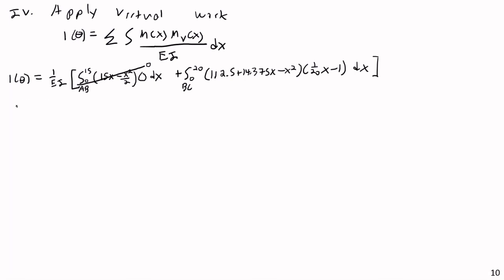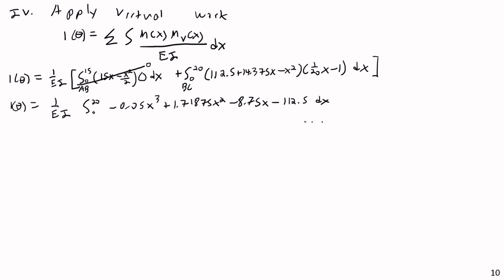And if you expand that out, 1 times theta here, this will still be 1 over EI, and the full expression in there will become the integral from 0 to 20. If we expand that polynomial out, we'll have negative 0.05 x to the third plus 1.71875 x squared minus 8.75x minus 112.5 dx.